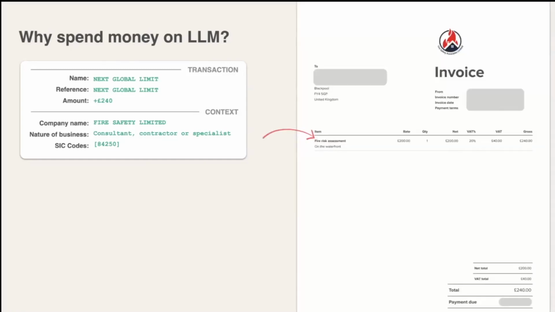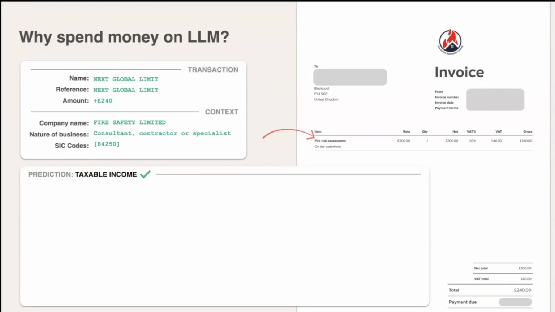But if we look closer, we have a document attached to this transaction, and the invoice tells us that it was a fire risk assessment, a core service provided by our customer, which aligns with the nature of the business. So in this case, the model predicts taxable income, which is correct.